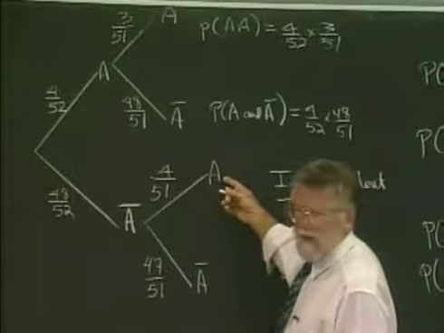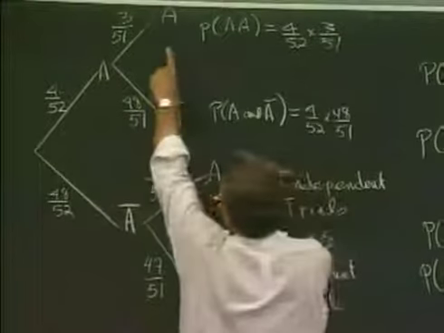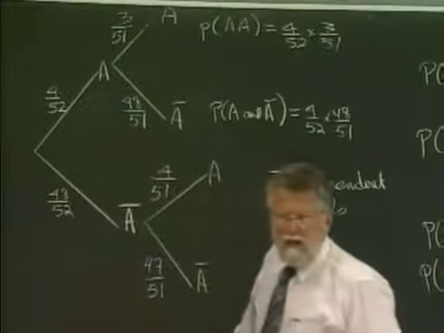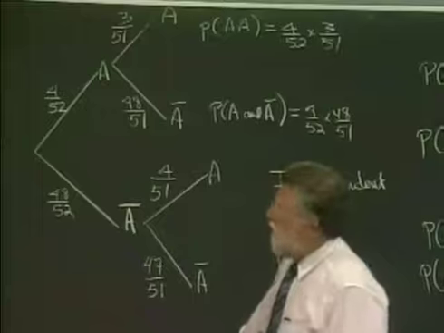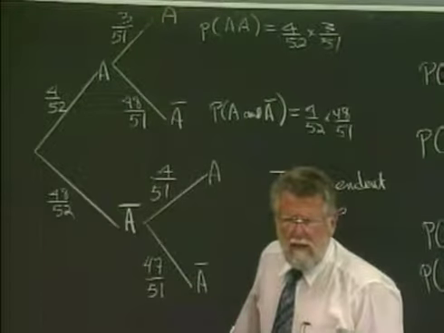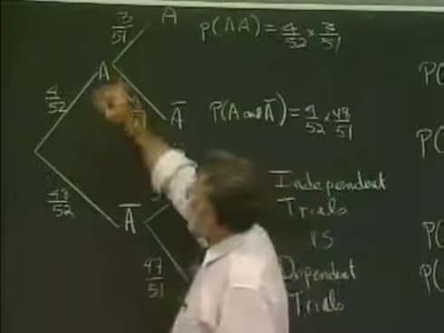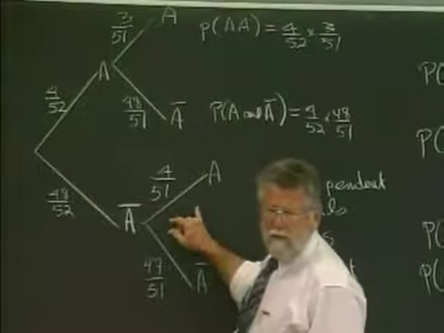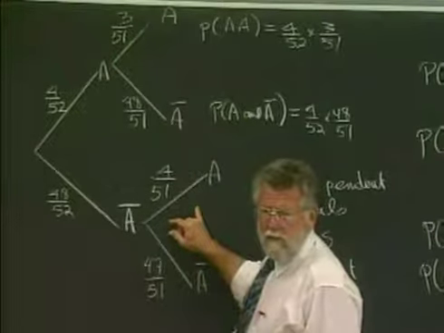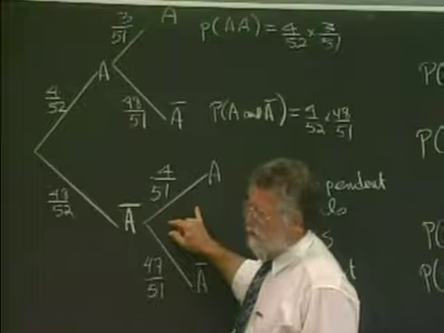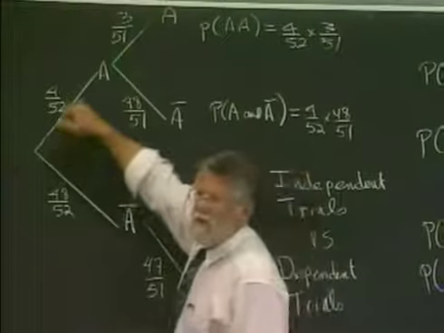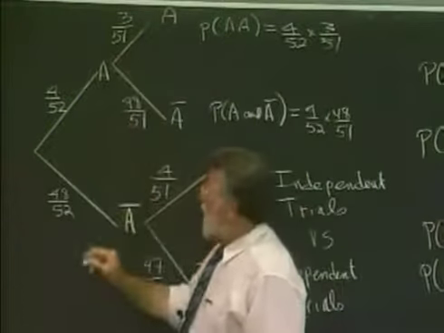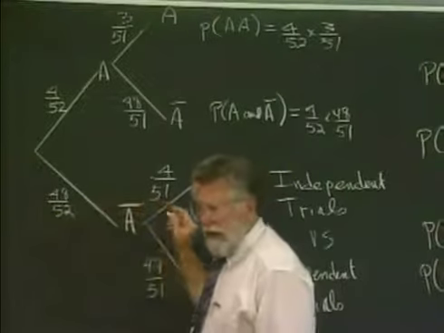This gets an ace in the second draw. This gets an ace in the second draw. So the probability of an ace in the second draw means that you have these 2 products added together. That's how you get your ace on your second draw. You can either get an ace in the first and an ace in the second, or not get an ace in the first and an ace in the second.